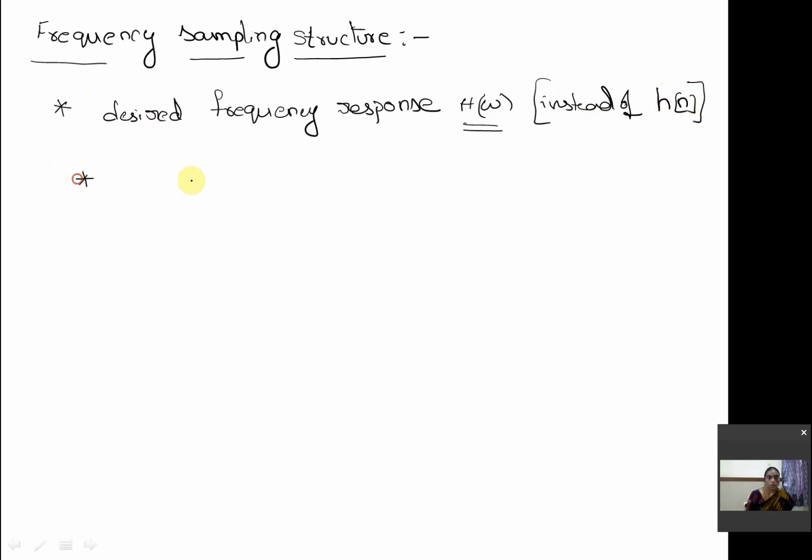So here, we know that H of z is equal to summation h of n z power minus n. Here it is FIR, that's why n equals 0 to capital N minus 1. So h of n is the impulse response of the particular FIR system.